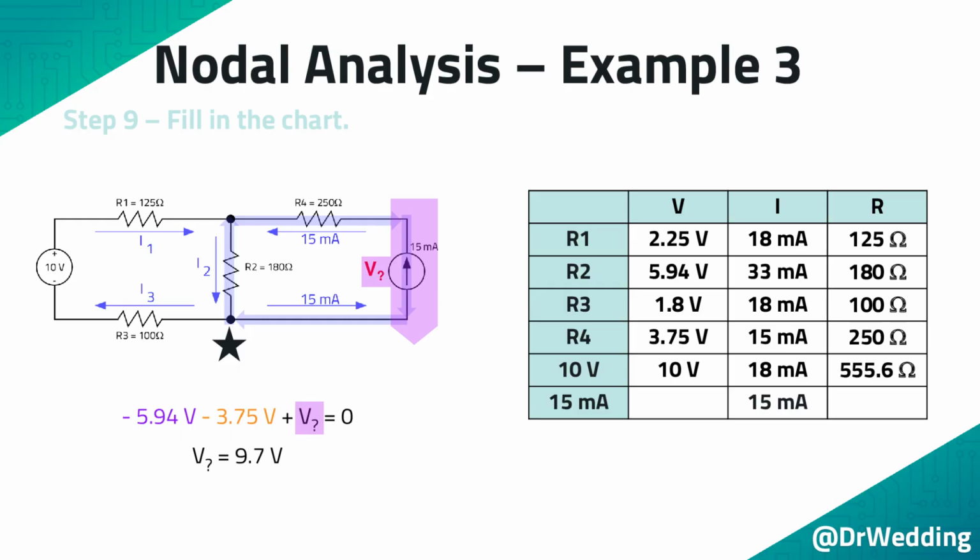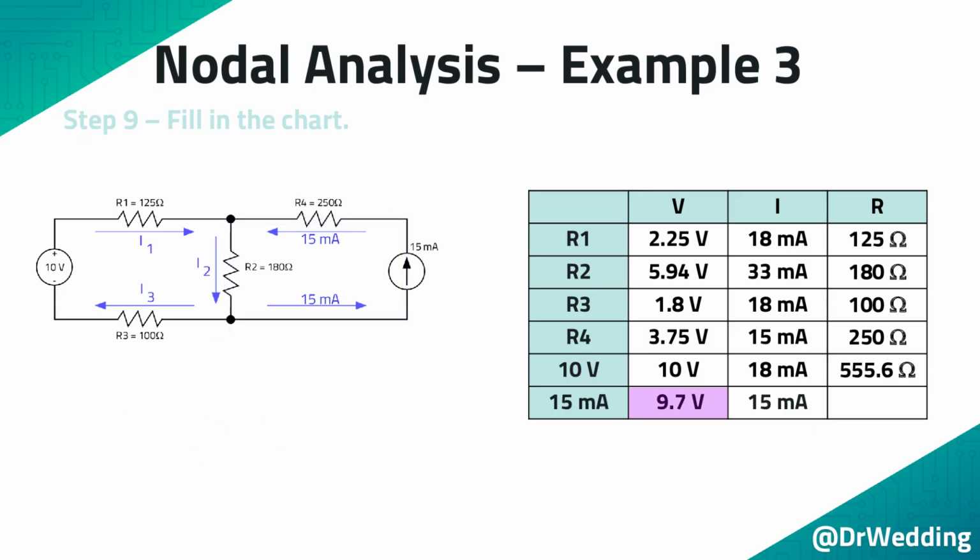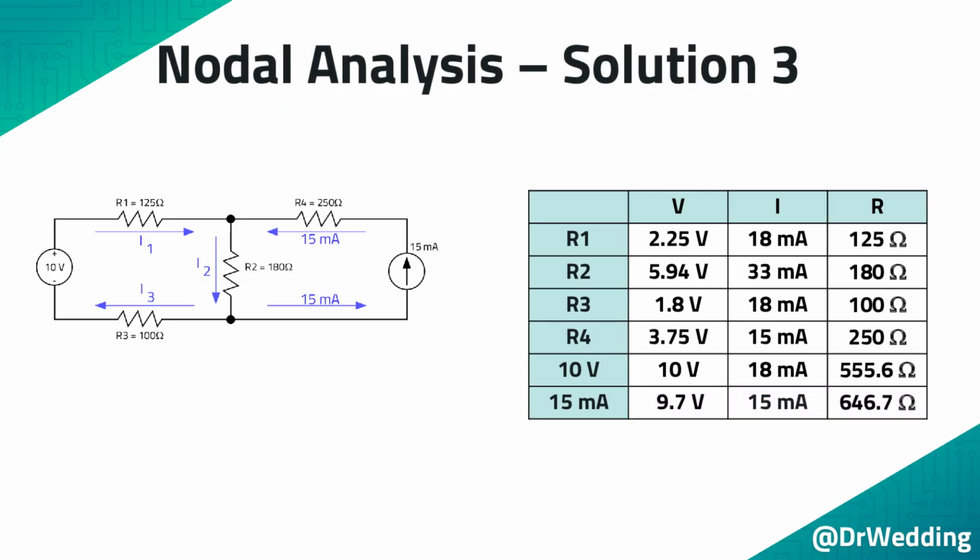Set the equation equal to 0 and find the missing voltage. When you are done, you will find the voltage across the current source is 9.7 volts. Once you have the voltage across the current source and the current exiting the current source, you can use Ohm's law to find the resistance seen by the current source. Here is the complete solution for this circuit.